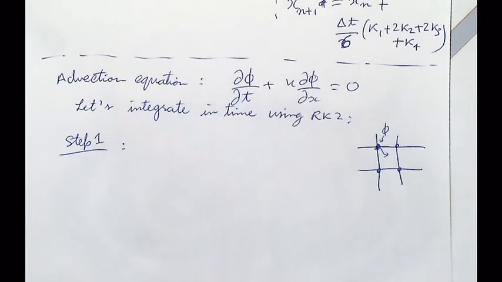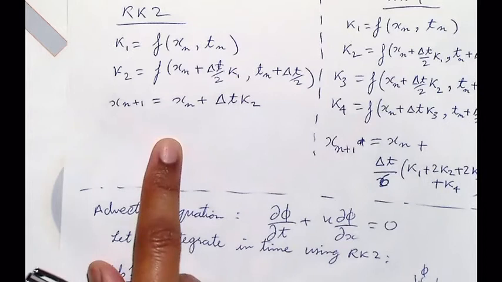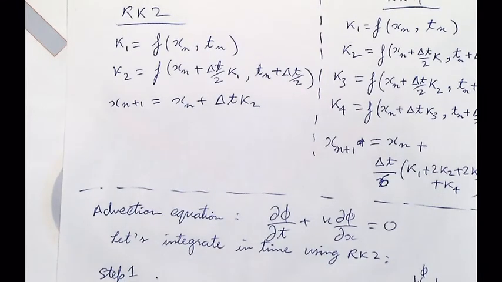So step 1. What is step 1? d phi over dt. All right.